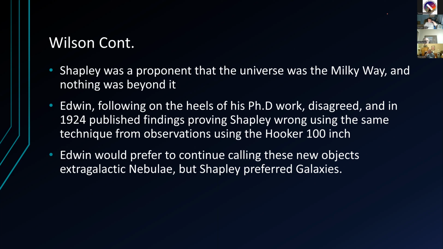I think his original estimate for M31's distance was about 900,000 light years, which is still off by a significant margin from today's accepted estimate of about 2.4 million light years. But it did get the point across that some of these objects that we were seeing in the sky were well beyond the borders of our own galaxy.